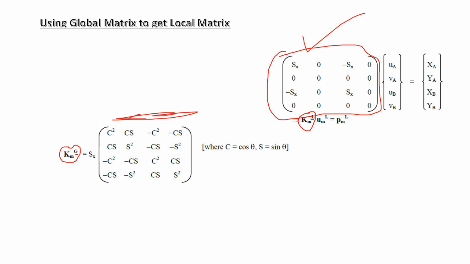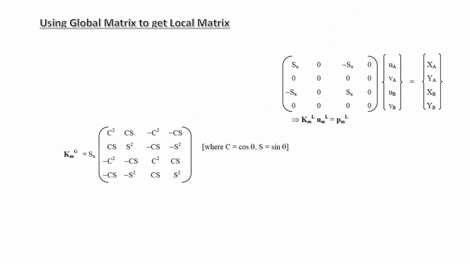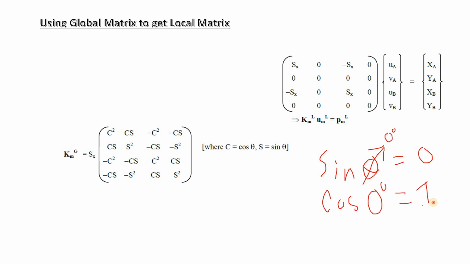Okay, so let me first quickly erase all these lines that I've just drawn. Okay, now I'm going to start the work. Now remember that sine theta is equal to 0 when the value of theta is 0 degrees, and cos 0 degrees is equal to 1.